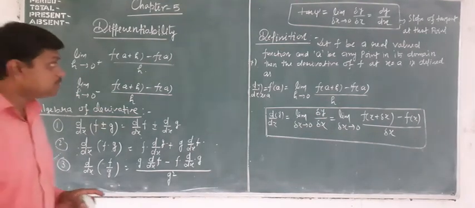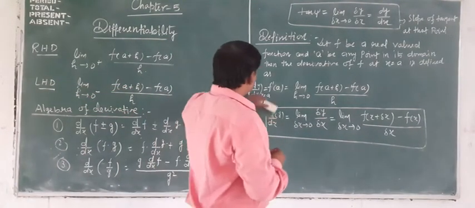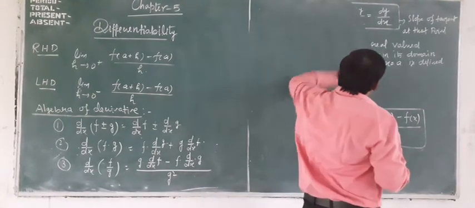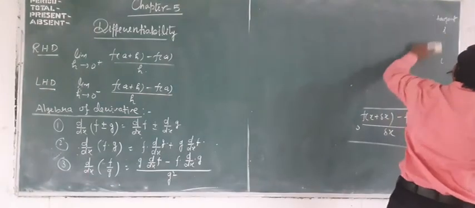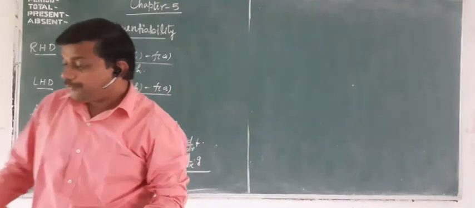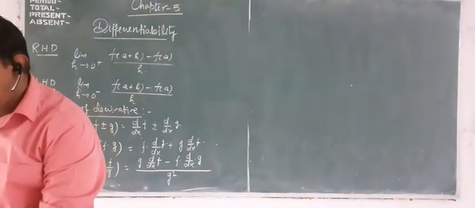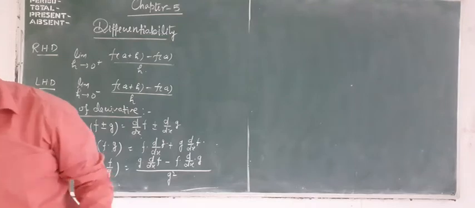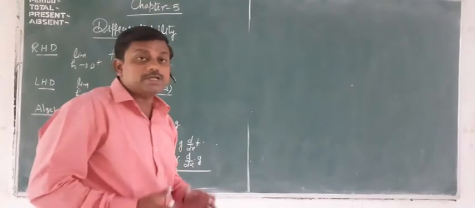Now we shall discuss two most important theorems. The first theorem is that if a function is differentiable at any point, then it is also continuous at that point.